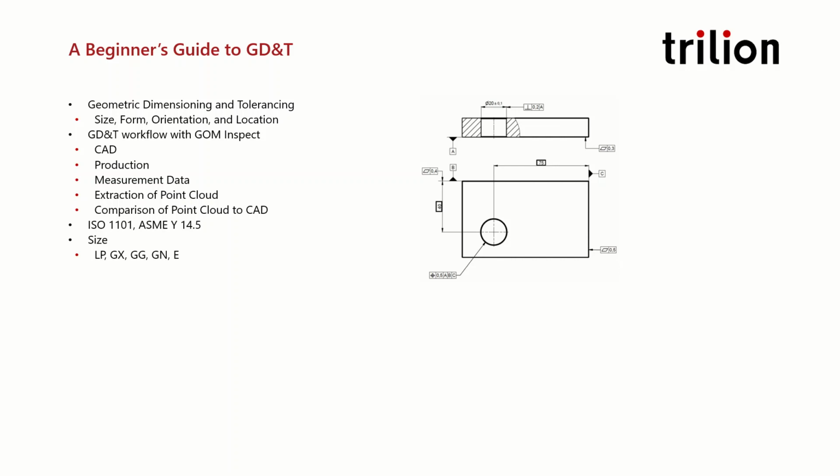Going a little more in depth on the different aspects of GD&T, first is the size. Size is set by 5 different parameters: LP, which is a 2-point size; GX, a maximum inscribed element; GG, a Gaussian-based best fit; GN, a minimum circumscribed element; and E, an envelope requirement.